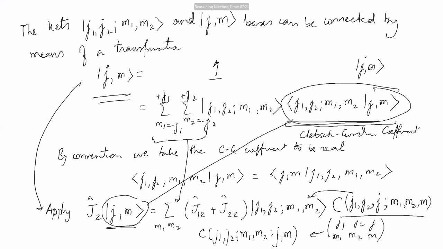Therefore, instead of ket JM, I can write this, the Clebsch-Gordan coefficient which exists here, and then I will be left with ket J1, J2, M1, M2, which is nothing but this. So we have the Clebsch-Gordan coefficient and the joint ket. Therefore, when we operate Jz on ket JM, we will have M h-cross ket JM, and instead of ket JM, I will write this. Therefore, in my next step, I am writing here itself to make things clear.